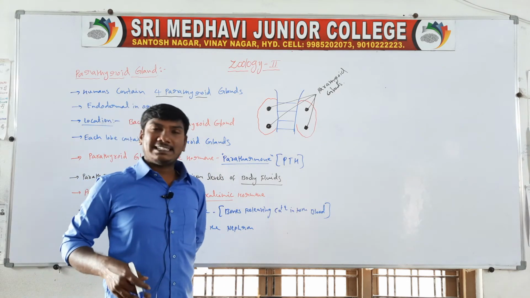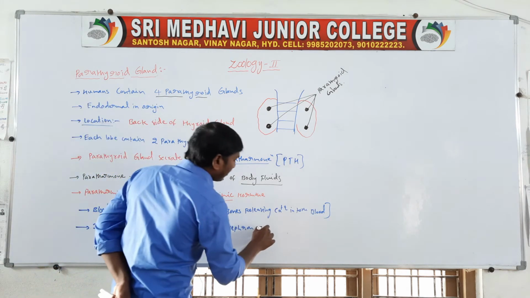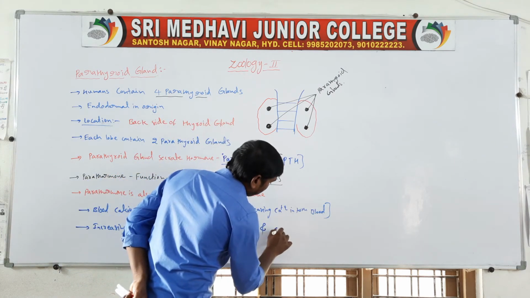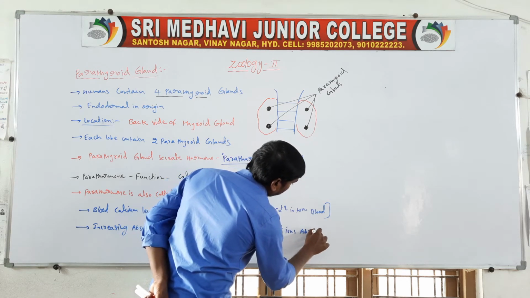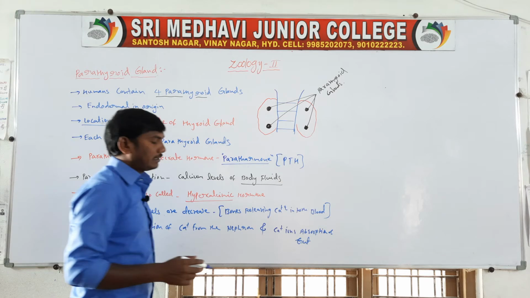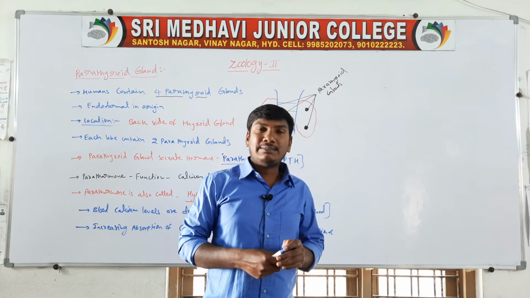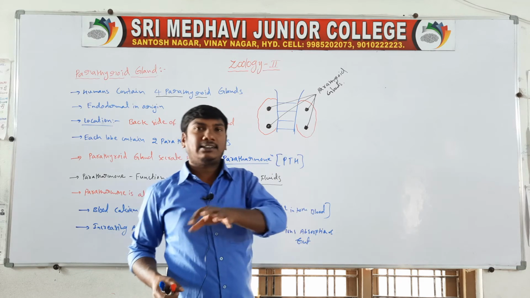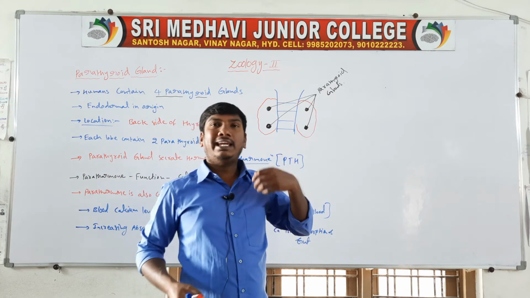During urine formation, filtration in the nephrons, the PCT, DCT and collecting tubules reabsorb calcium ions. It also increases the absorption of calcium ions from the gut, meaning the alimentary canal.